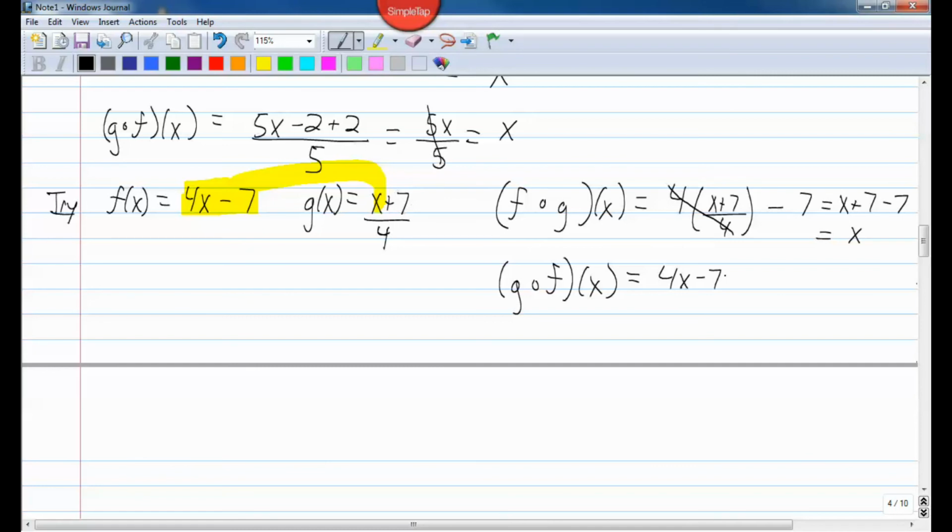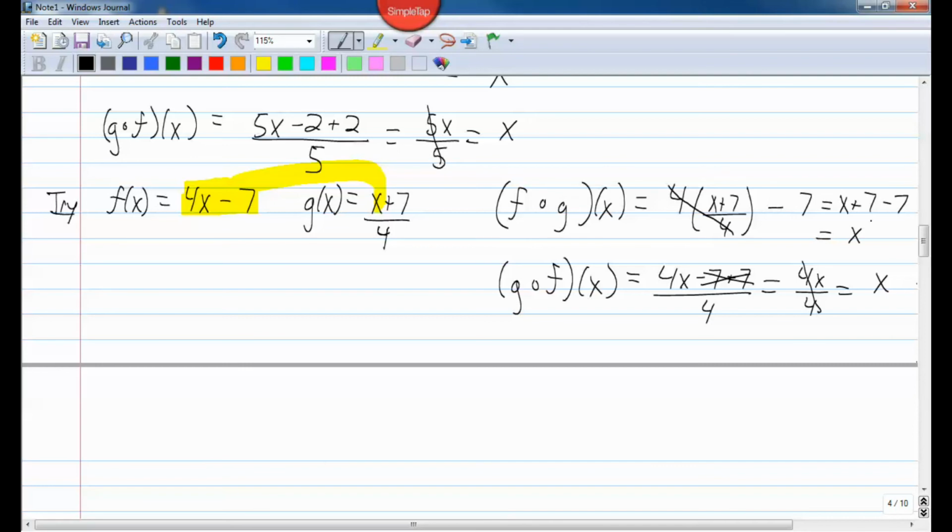Then I have plus 7 all over 4. So the 7's cancel out, and I'm left with 4x over 4. Now the 4's cancel out and leave you with just x. So both of these were equal to just x to the first power. So that means that they are inverses of each other.